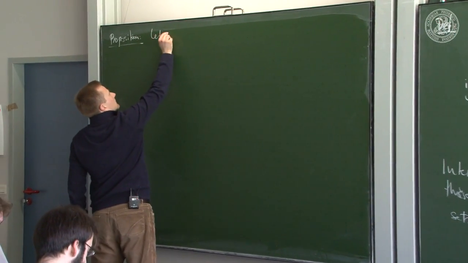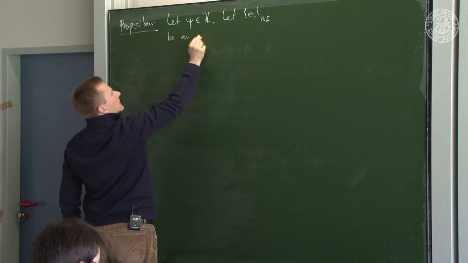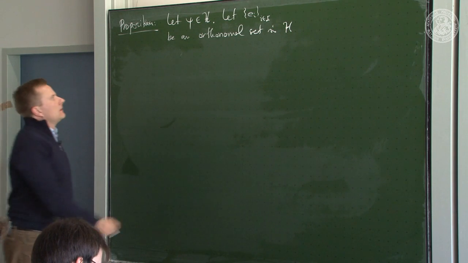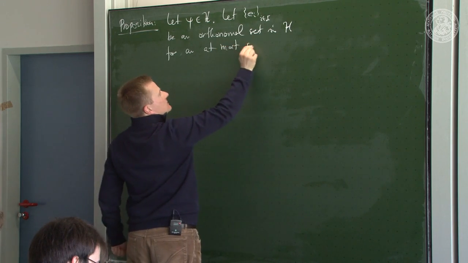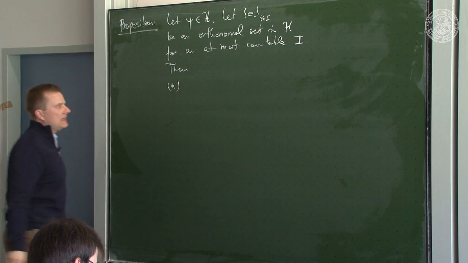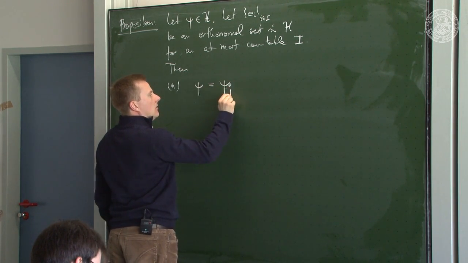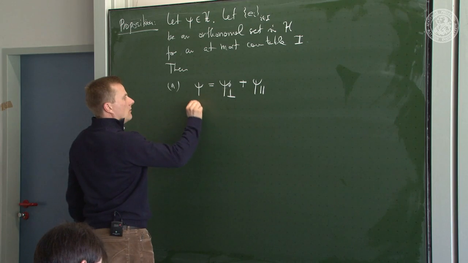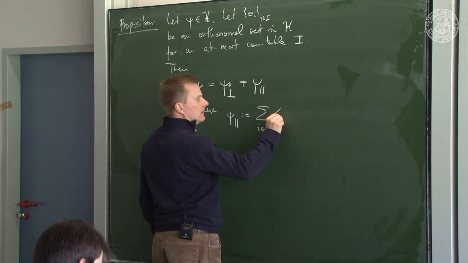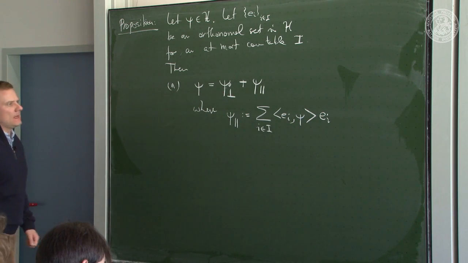So a proposition, again, let psi be in H, and let the E_i with i from some I be an orthonormal set in H, so not necessarily a basis yet, for an at most countable index set I. Then we have that, well, you can still decompose psi as psi orthogonal plus psi parallel, where the psi parallel is defined as the sum over all the i in I of projecting the psi to the ith element of this ON set times E_i. And you say, well, this is simple enough.